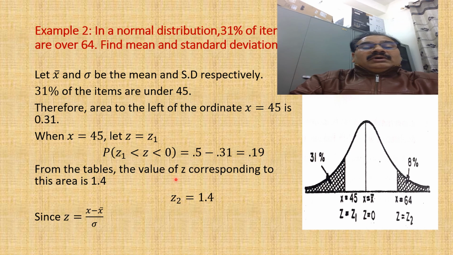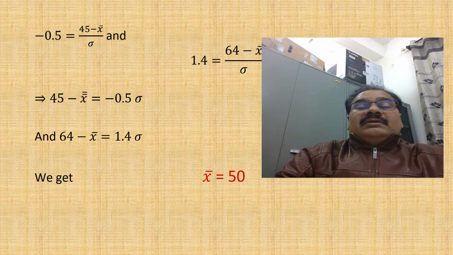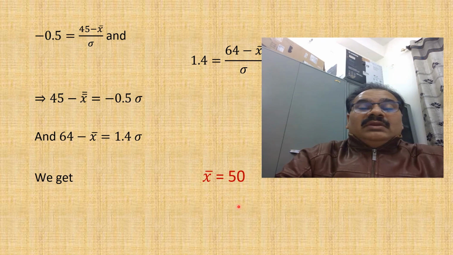From the table, the value of z corresponding to this area is 1.4, so z is equal to (x minus x bar) by sigma. Then you can calculate easily by putting this value, and you will get x bar is equal to 50. In this way, you have calculated the mean, that is 50.